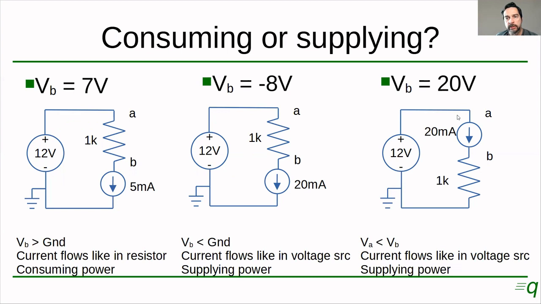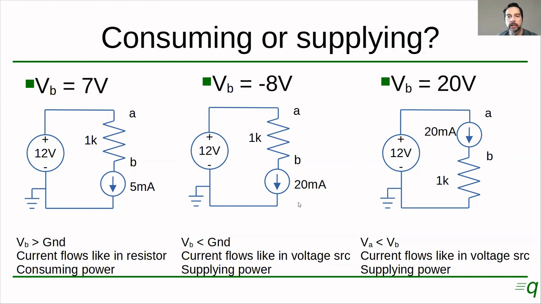So when we look at these two cases here, right, the case where we obtained a solution with a voltage below ground and another one with a voltage above the supply voltage, we reached the conclusion that these two current sources are supplying power to the circuit. And that is why you are able to obtain voltages that are outside the limits of the supply voltage to the circuit, okay?